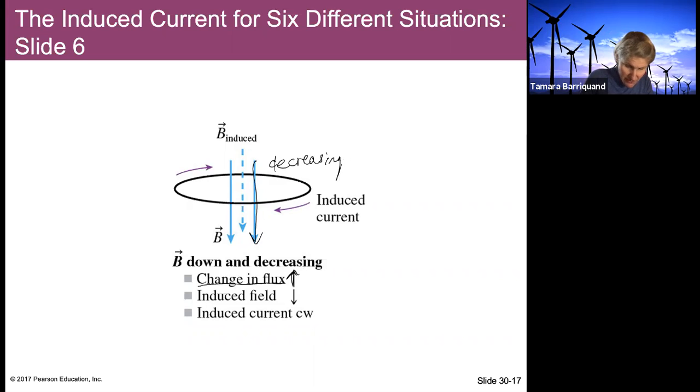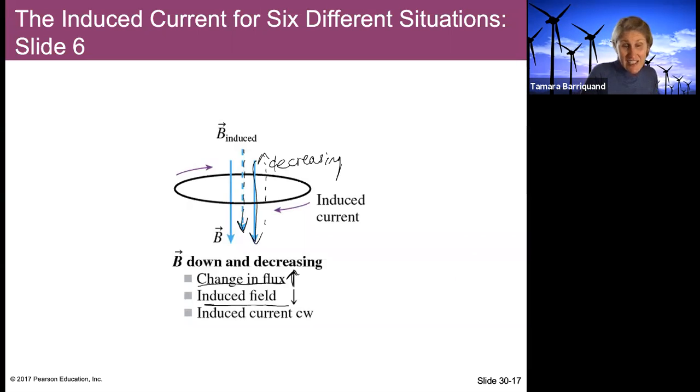And so in order to maintain the magnetic field that was already there, we're going to have an induced field that's pointing downward. So the induced field must be down. So we take our right hands, we put them down, and we see that that is a clockwise current.